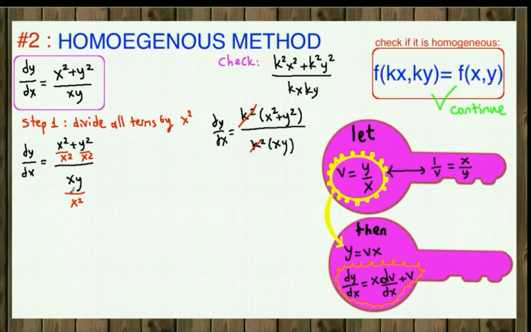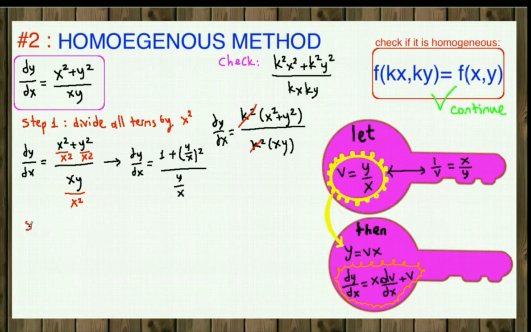So what we're going to get is dy dx equals x squared divided by x squared is 1, plus y squared over x squared. You can write it in this form over, this is going to be y over x.